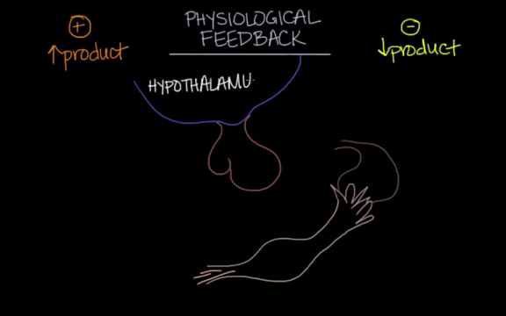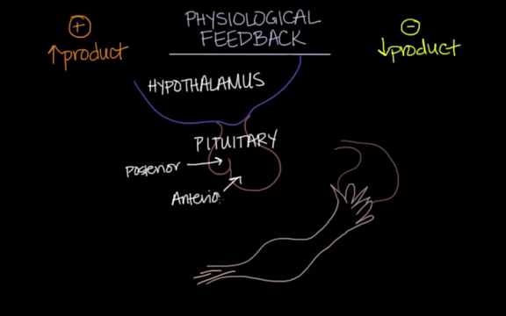Now it signals, or basically talks to, this next gland here, the pituitary gland. The pituitary gland is further broken down into two lobes. The back lobe is the posterior, and the front lobe that we're going to focus on is the anterior pituitary.